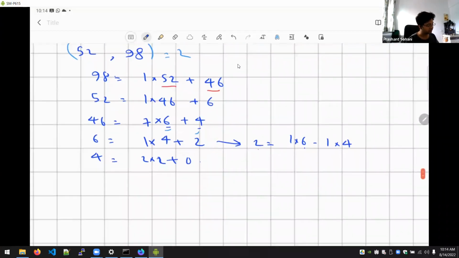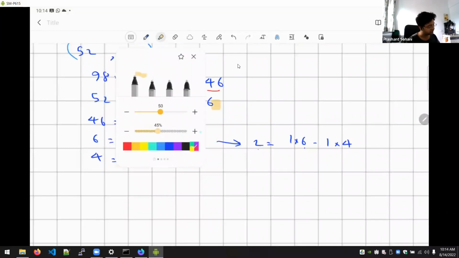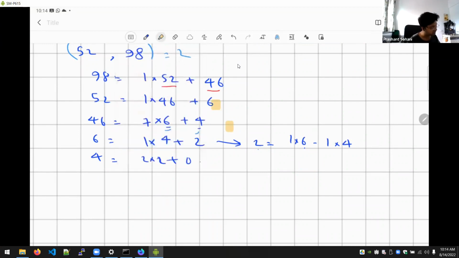Using the equation before that, I can substitute 4 with everything on this side. So this can be written as 1 times 6 minus 1 times (46 minus 7 times 6).